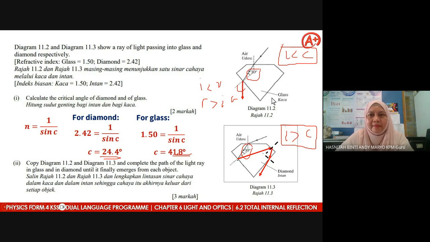So this is the comparison between glass and diamond. That's why we use diamond in producing jewelry, especially accessories for women, because of the multiple total internal reflections that occur inside the diamond, which cause it to sparkle.